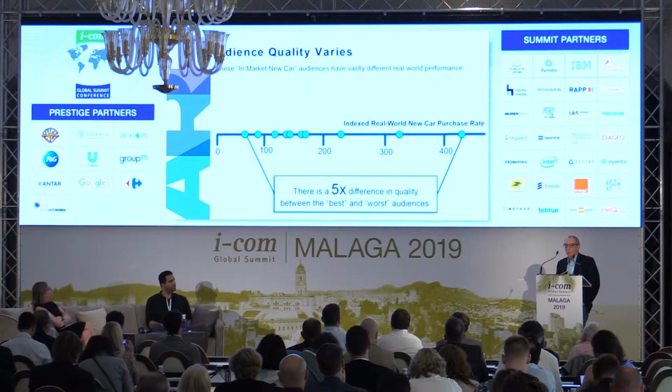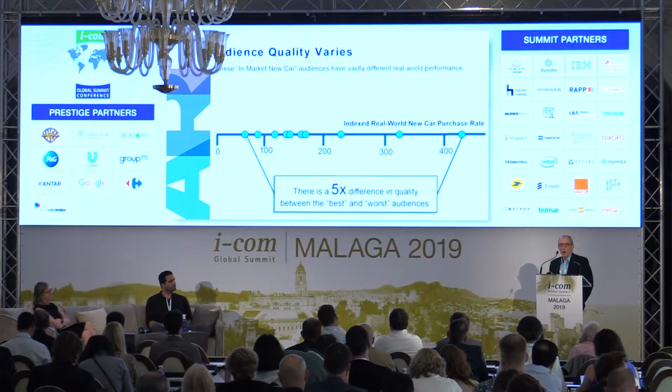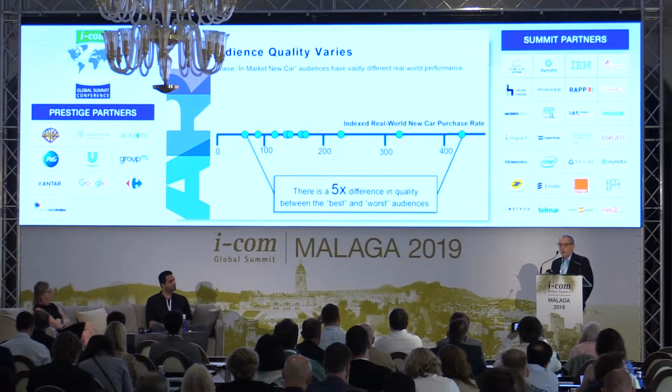So this would be an example here, again, from the new car buyer or auto intenders. So the concept here is that if you had a truth set of what was the incidence in the population of people in the market for a car right now, and this could be derived from a variety of sources, and you get a convergent estimate of that, then the question for any third-party data set that you buy is what's the percentage improvement on that probability relative to the base case of 100.